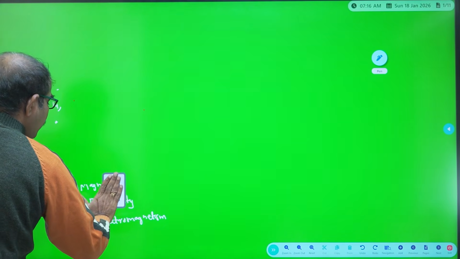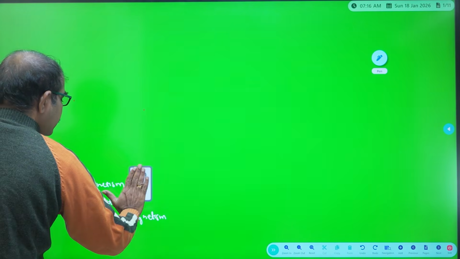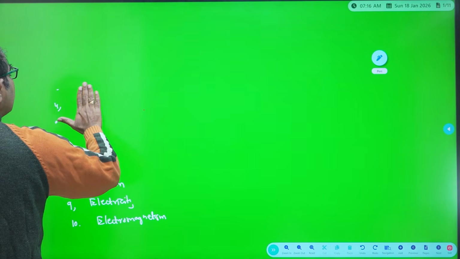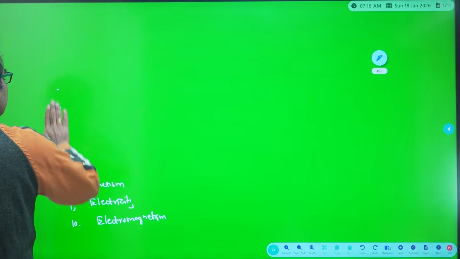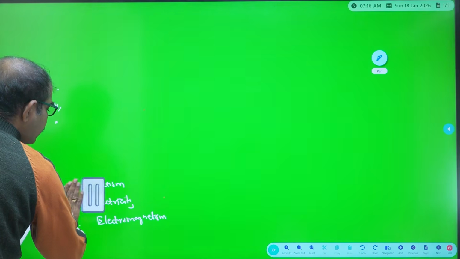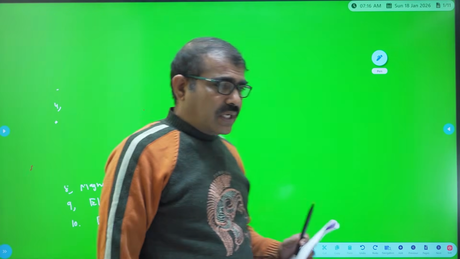So rest and motion are relative. Why are rest and motion relative?